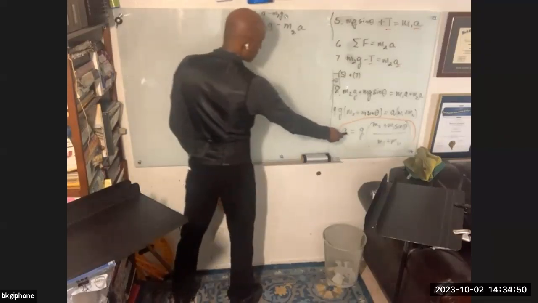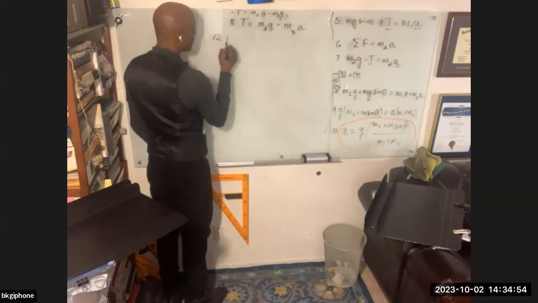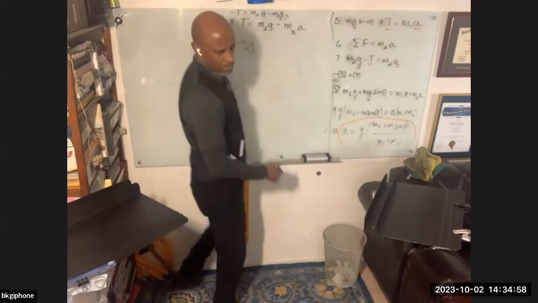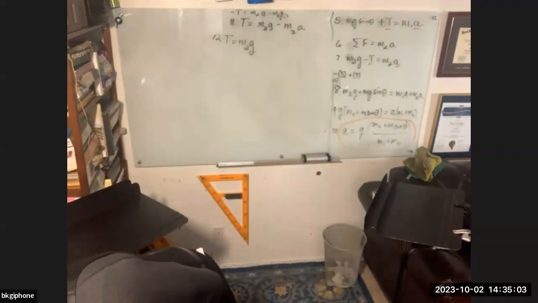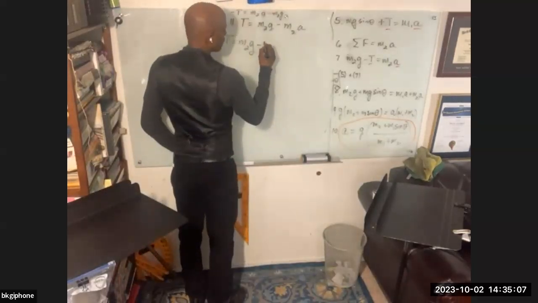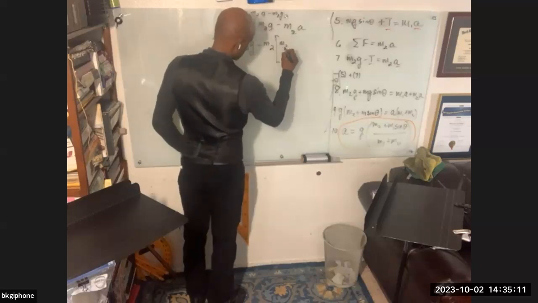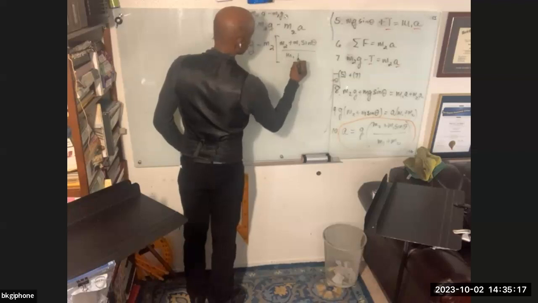Now I'm going to substitute a into that term. So that's T is equal to m2a minus m2g. Minus, and this is going to be m2 times quantity m2 plus m1 sine theta over m1 plus m2.